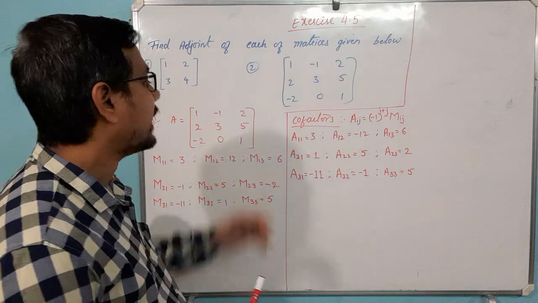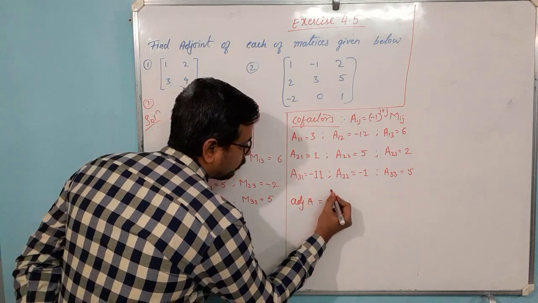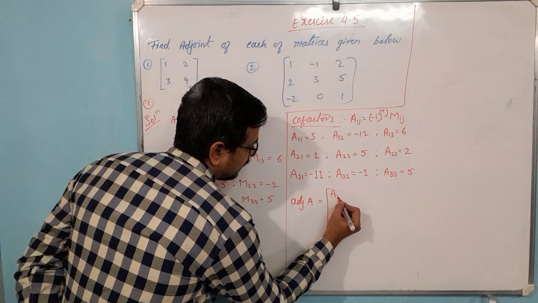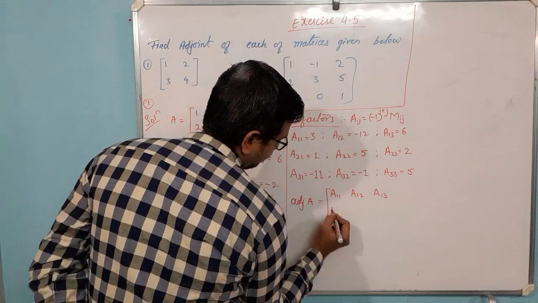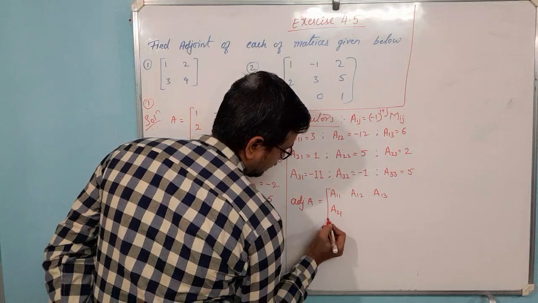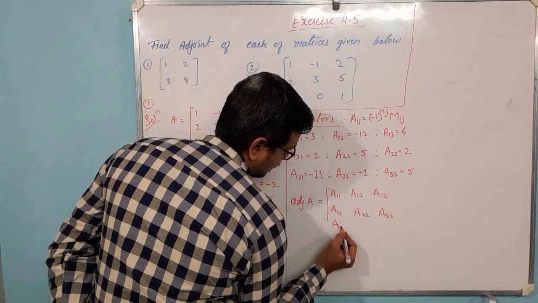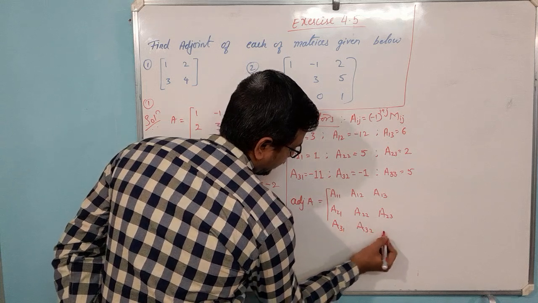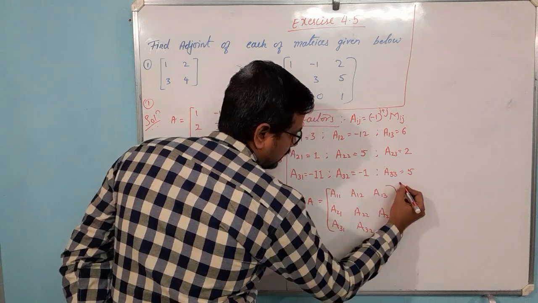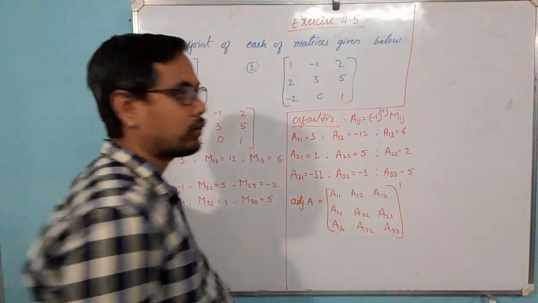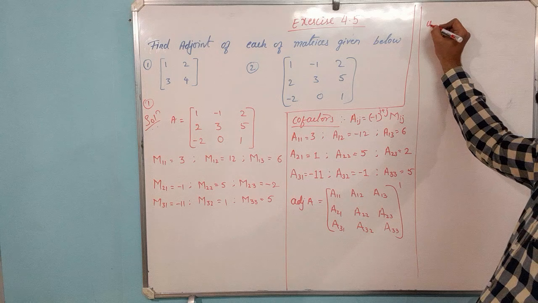So what do we need to find? Adjoint, right? We know that adjoint of A is equal to the matrix A11, A12, A13, A21, A22, A23, A31, A32, A33, transpose. Now if I take this transpose, what will be my adjoint A?